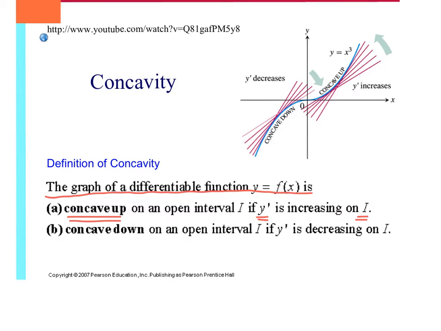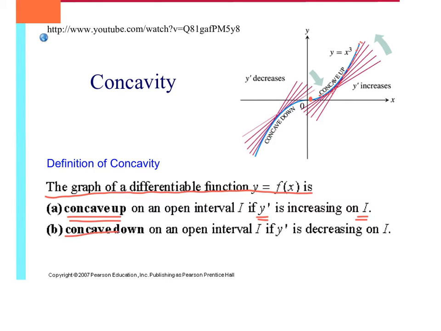So that means the first derivative is increasing, or it means the slope is increasing. Well, if we look here, it's already labeled as concave up, but what do you notice about the slope as x gets larger and larger? Don't you notice that the slope is increasing? In other words, my function is getting steeper. So if the slope is increasing, then that means it's concave up by definition.